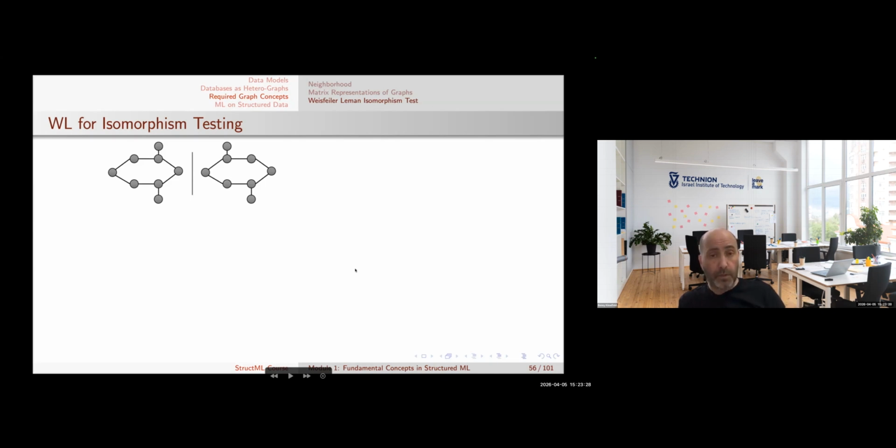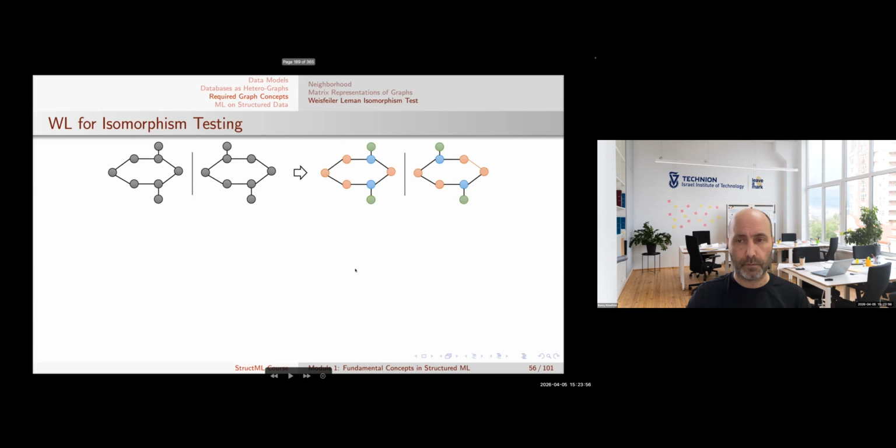When the algorithms terminate, if both algorithms terminate and it didn't fail yet, then you say, okay, it passes the WL test of isomorphism.